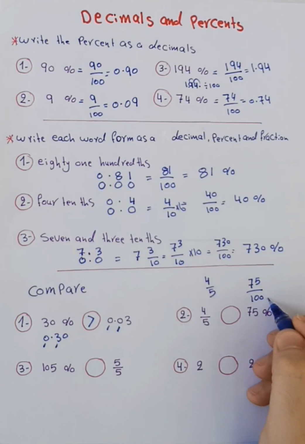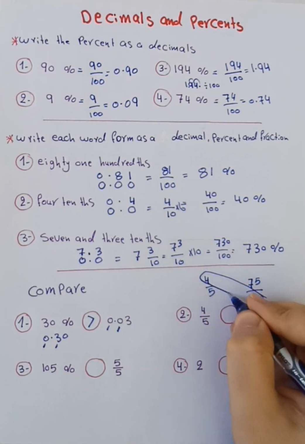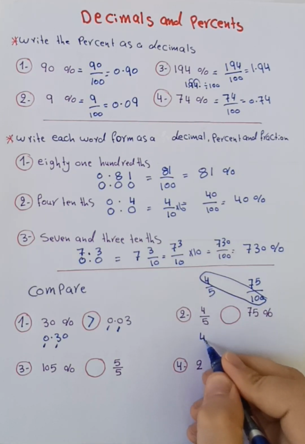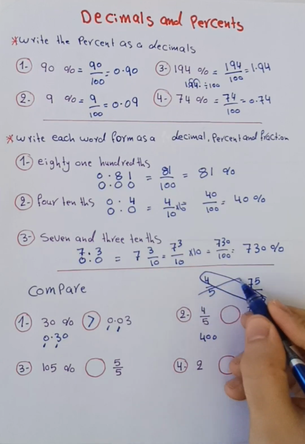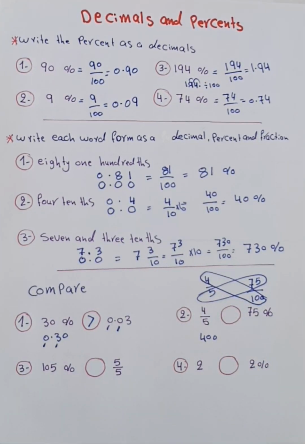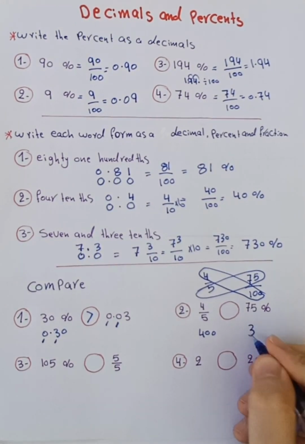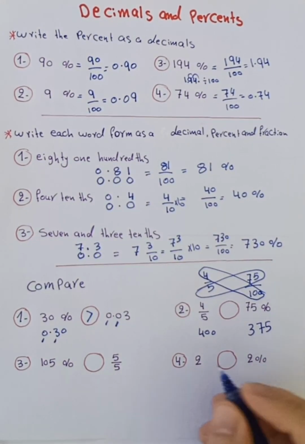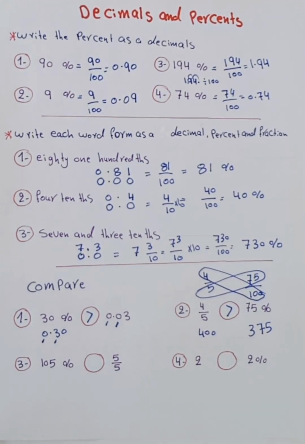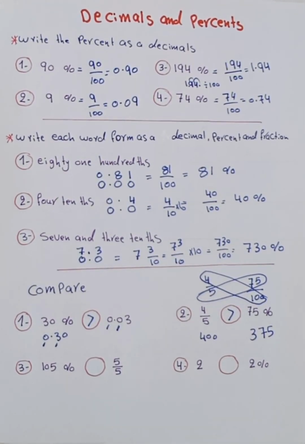And then we can write a butterfly trick. 4 times 100 equals 400, and 5 times 75 equals 375. 400 is greater than 375. It means 4 out of 5 is greater than 75%.